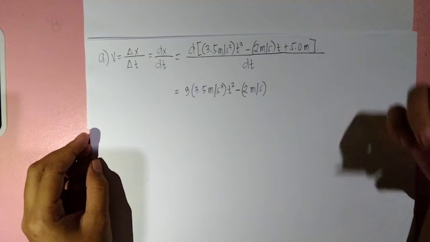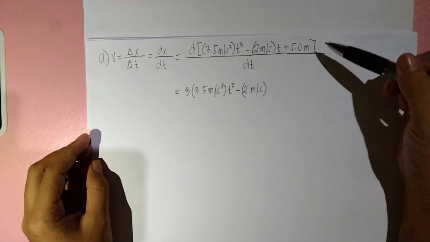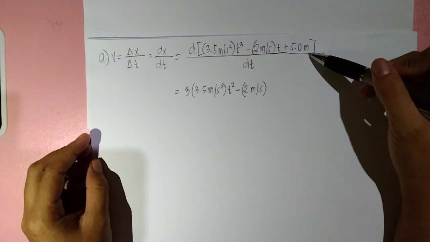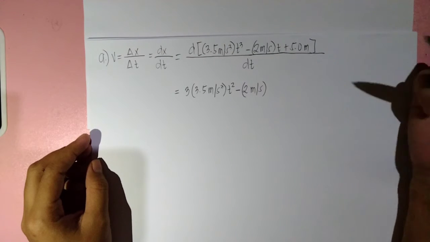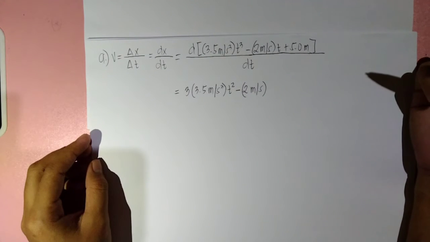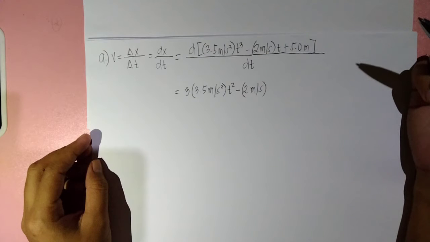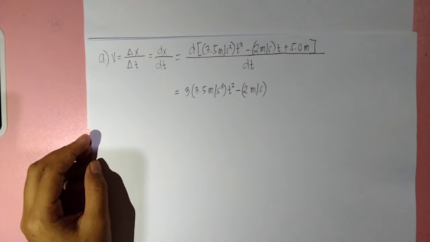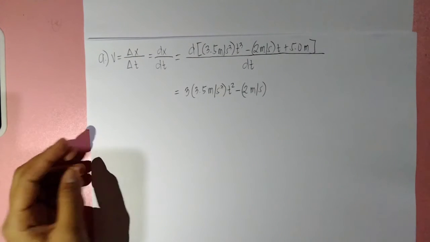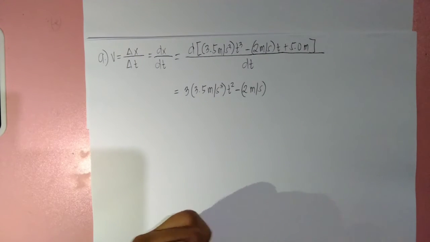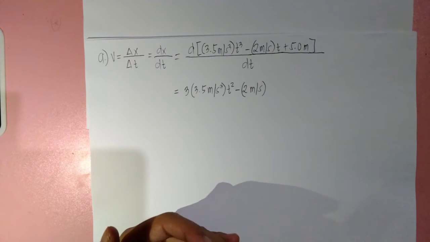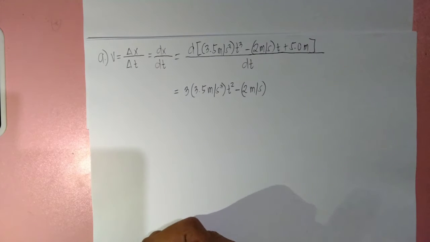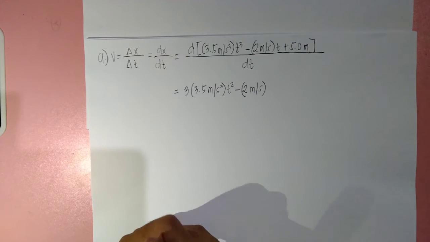Okay, so for the third term, as you can see, there is no other variable associated with 5.0 meters. This is where I am going to introduce to you the constant rule of derivatives, which states that the derivative of any constant is always equal to 0.